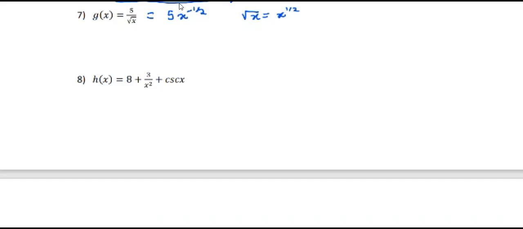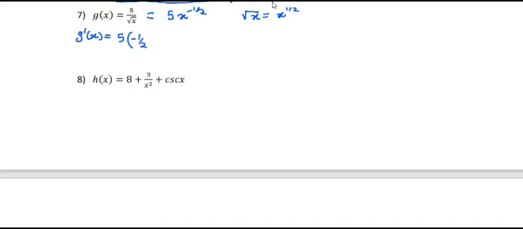Okay. So once you have things written in this way, you could just easily take the derivative by saying g prime of x is equal to, you have this 5 here, and then you bring down the negative half.